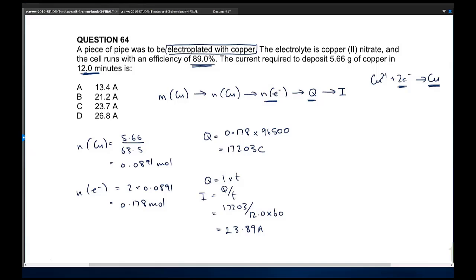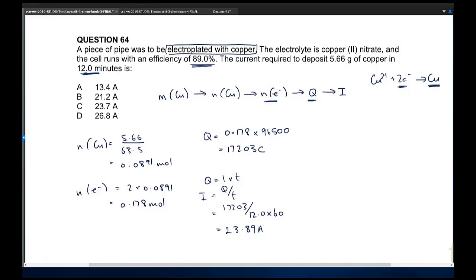And some students will just go, okay, well I'll find 89% of 23.89 amps. Does that make sense though? No. Okay, so the way I get students to think about this is we're required to get 5.66 grams of copper. That's how much we want to get.